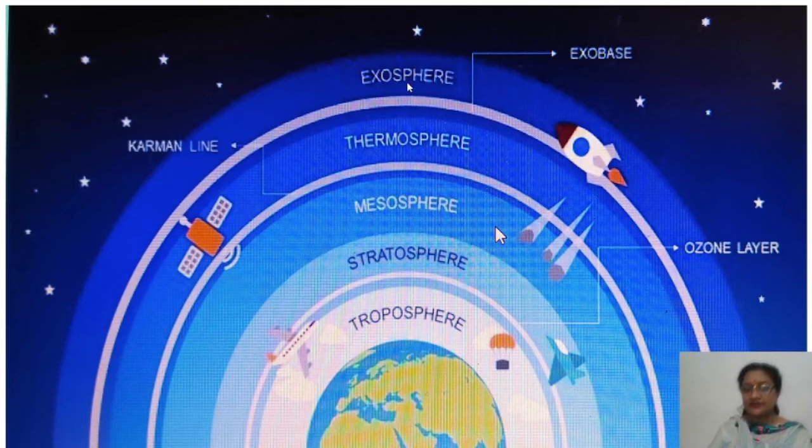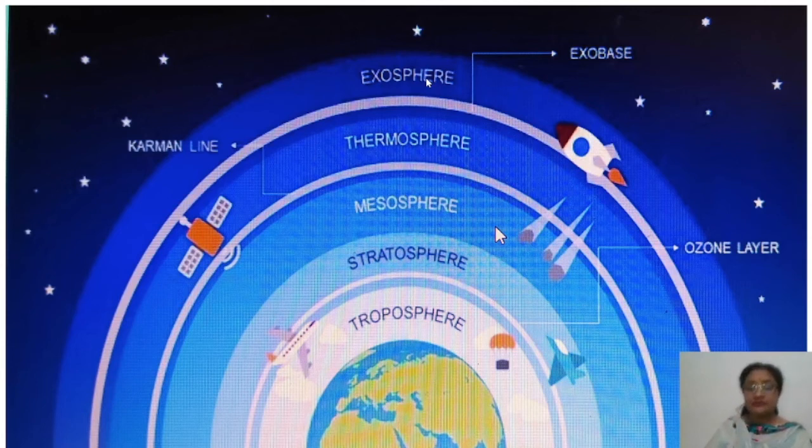What is the reason for that? The reason is basically because it is closest to the sun rays. It is the outermost layer, so it is getting the solar radiation first. So this is the hottest layer in the earth's atmosphere. And what is the reason for that?